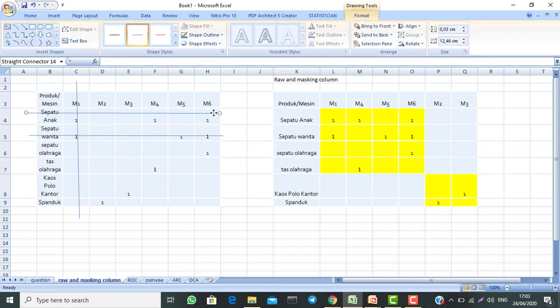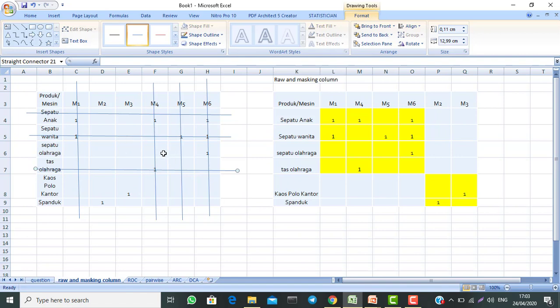Now after we create a line, there are other boxes that are touched by these lines, so just repeat the same step. Let's put a cross mark in every box. The last ones will be this and this, until all the boxes that have the number 1 inside have the cross mark.